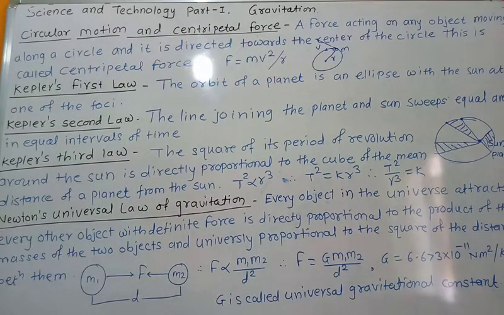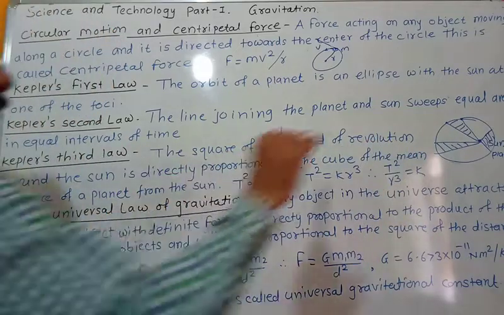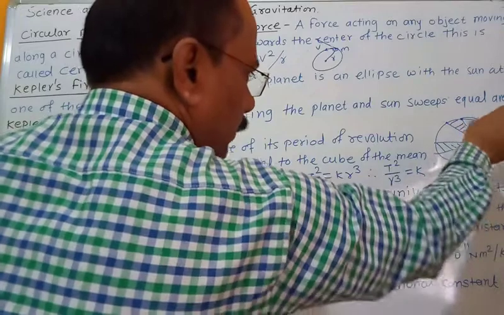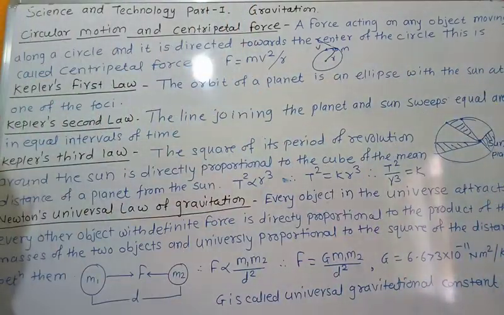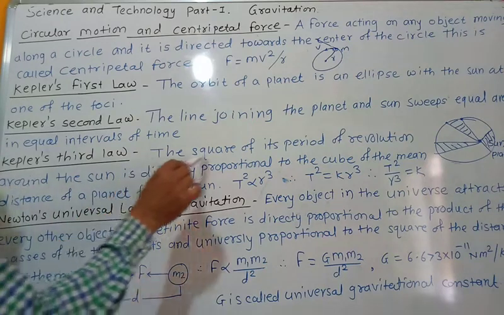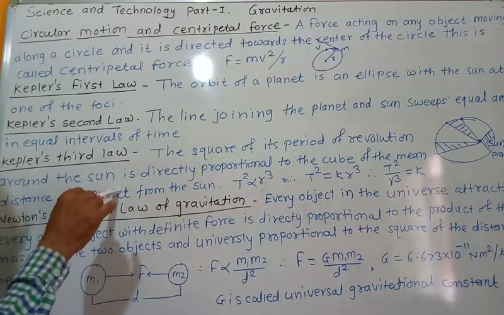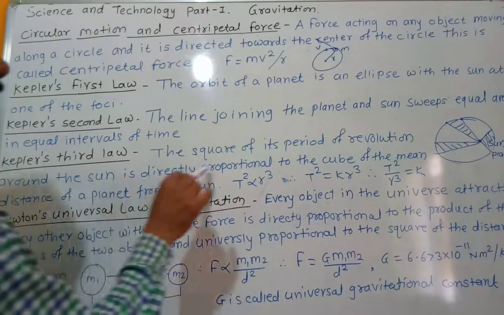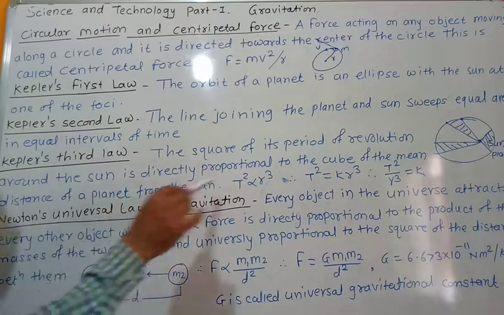Kepler's third law: the square of the period of revolution of the planet around the sun, denoted by T, is directly proportional to the cube of the mean distance of the planet from the sun, R. The time the planet takes to make one revolution is called the period of revolution.